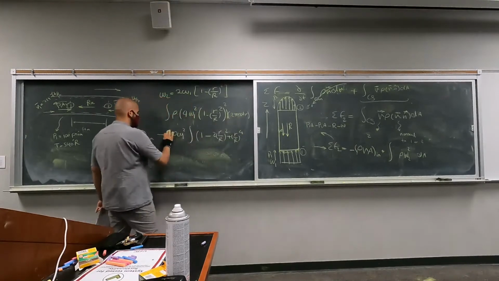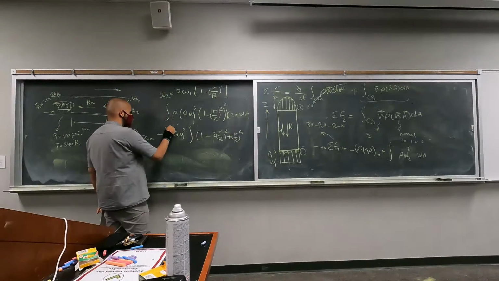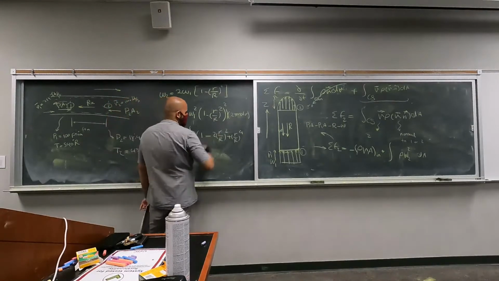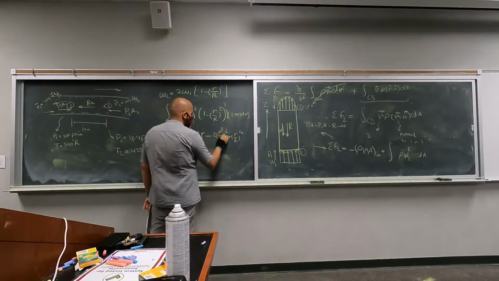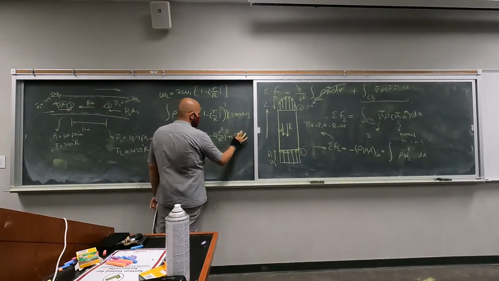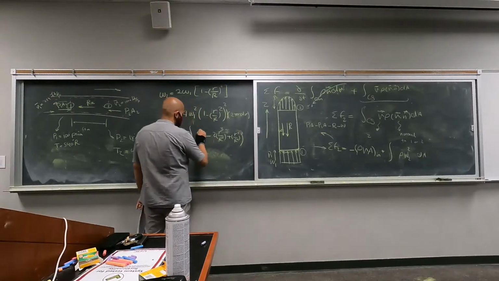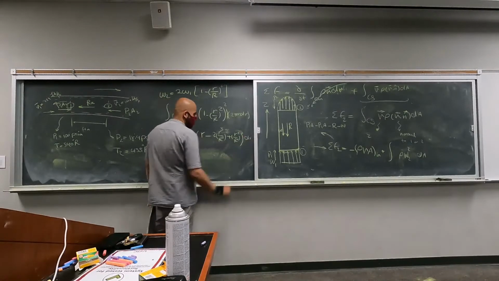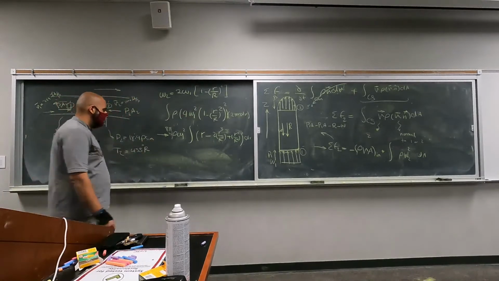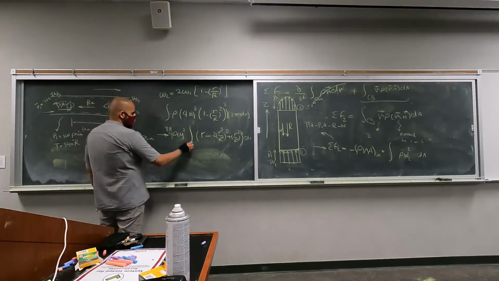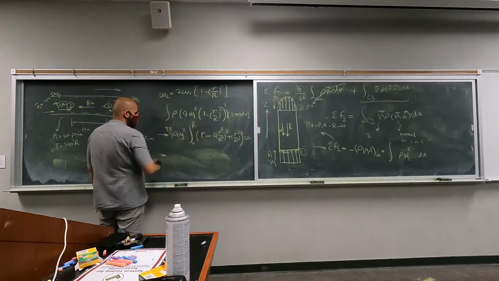So r, r cubed over R squared, and r fifth over R to the fourth, dr. Can we take the integral here? Yes, we can, and r changes from 0 to R.